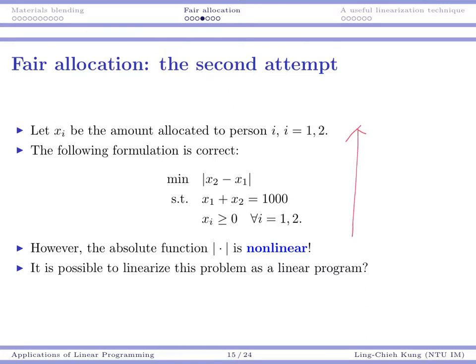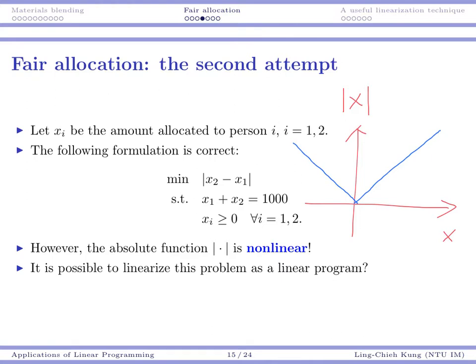Graphically, suppose I want to draw, for example, the absolute value of x. I know it would look like this when x is positive, or this when x is negative. It's obviously not a linear function.